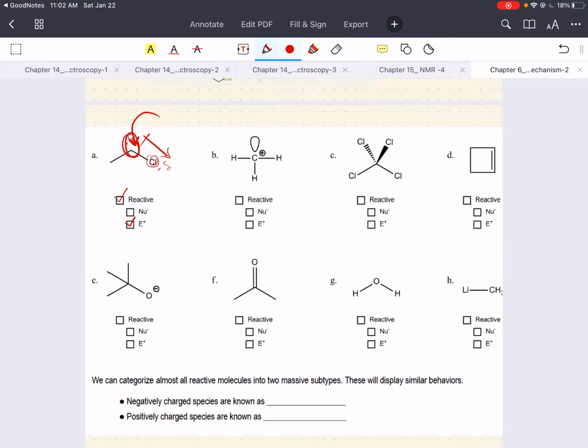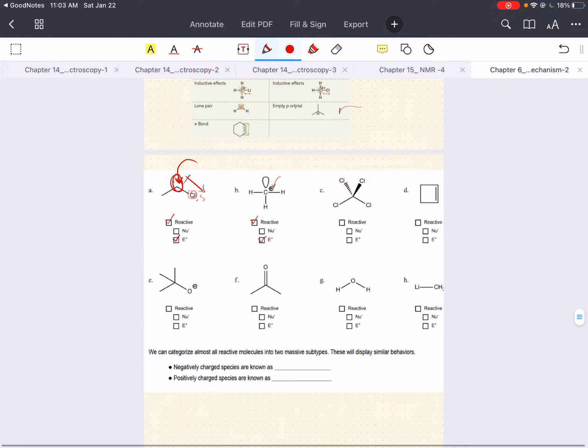Now let's look at this next molecule, B. It has a positive charge, or in other words, an empty p orbital. This is going to be a reactive molecule. It will act as an electrophile, because an empty p orbital or positive charge is one of the features of an electrophile. Let's look at molecule C. This molecule has no net dipole.